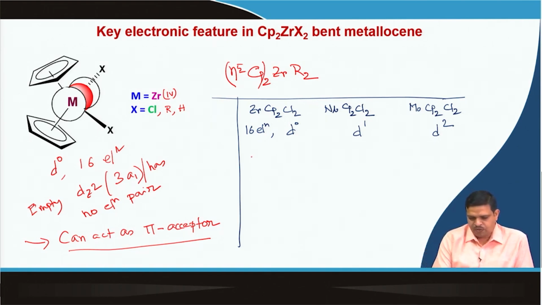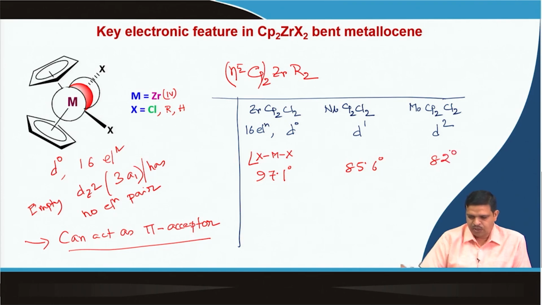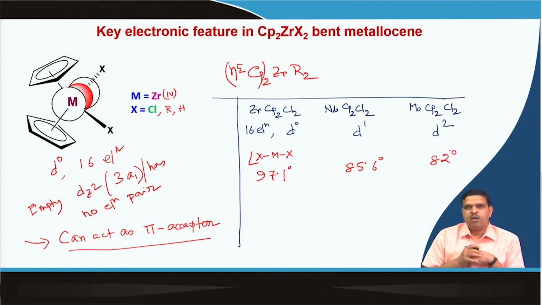So, if I see the angle, you will see that this is 97.1 degree, this is the experimental angle from single crystal X-ray crystallography, this is 80.56 degree, and this is 82 degree. So, can you now correlate the relation between this angle, that is the Cl-M-Cl angle, and the electronic nature of that dz square orbital?